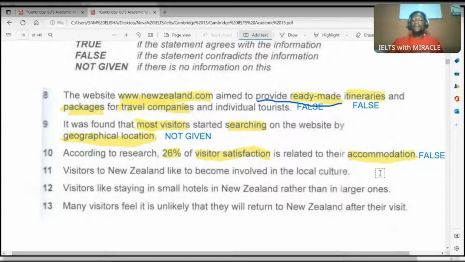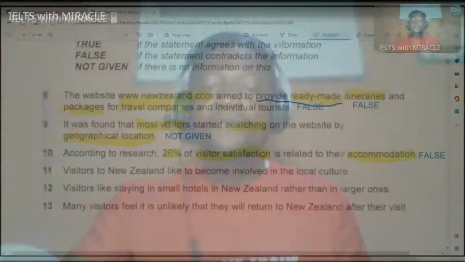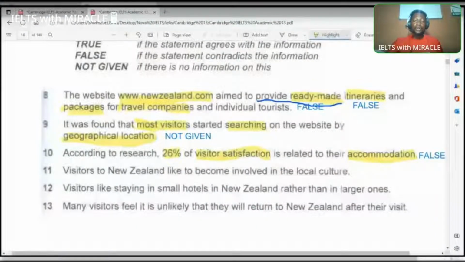Is that clear? Then we now look at number 11. Visitors to New Zealand like to become involved in the local culture. So we are looking at visitors also. Yes, involved. Yes, local culture.